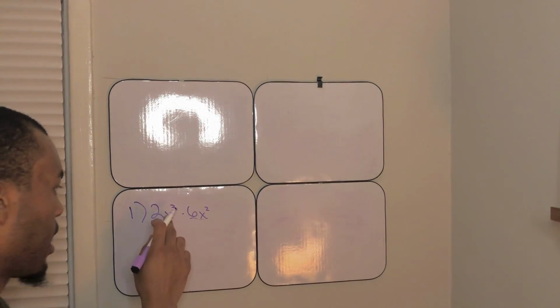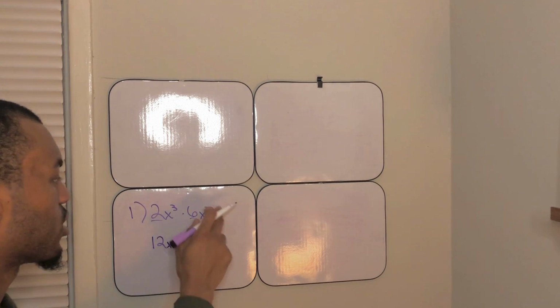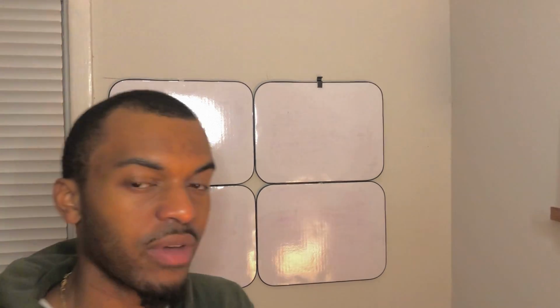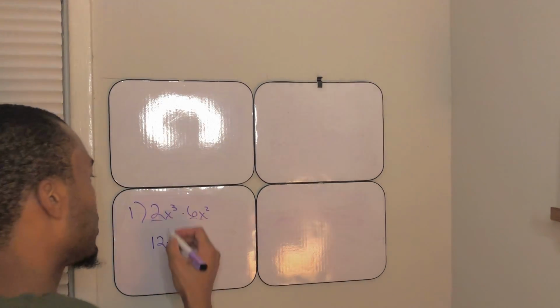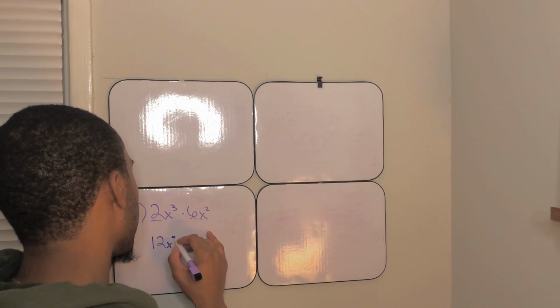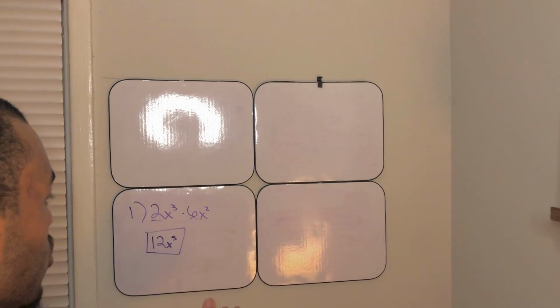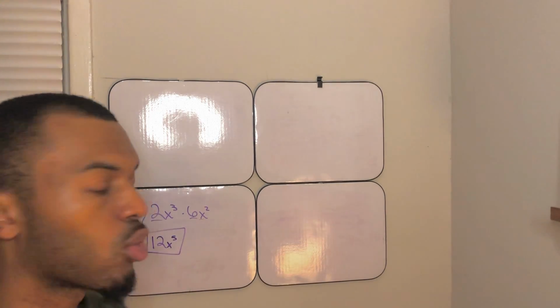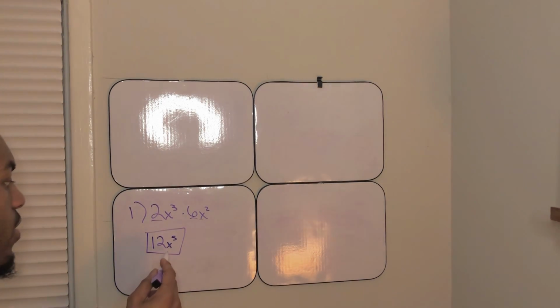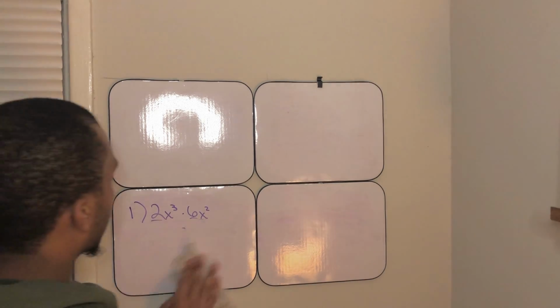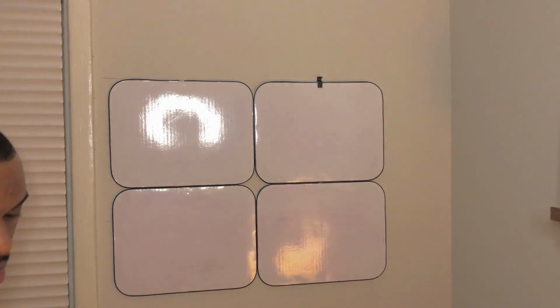So we have x to the third and x squared. They have the same letter, both x, so all we have to do is add the exponents together. This is our answer: 12x cubed times 6x squared is going to be 12x to the fifth. We're going to run through a couple more examples, just to massage it in a little bit.